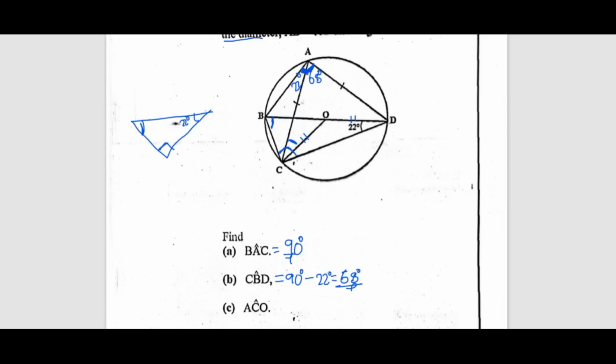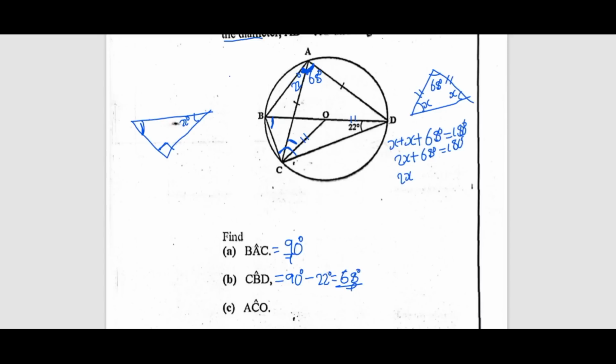So if this is 90, we know that here we have 68. Then if we are to draw an isosceles triangle, since these two distances are the same, the base angles will also be the same. So we're going to have x also here. Let's find the value of x. It's x plus x plus 68 is equal to 180, so 2x plus 68 equals 180.